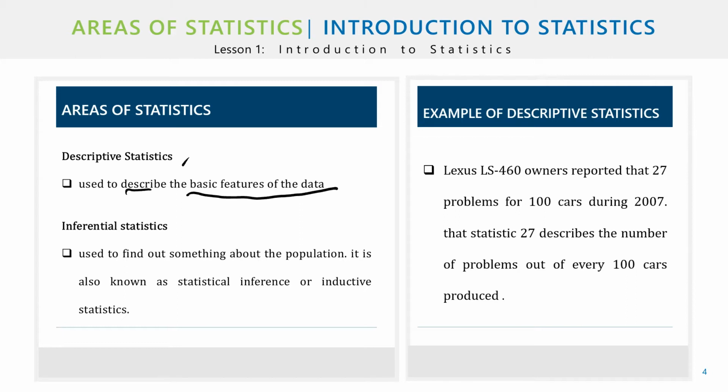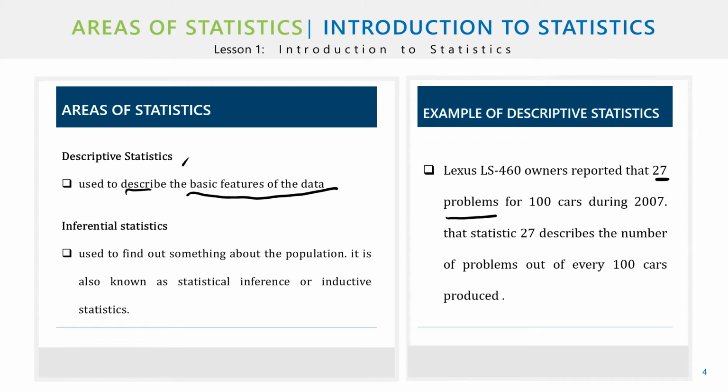Another example of descriptive statistics is: Lexus LS 460 owners reported 27 problems per 100 cars during 2007. So ano ibig sabihin nito? That 27 problems, meaning from year 2007, ilan yung na-encounter nilang problem?